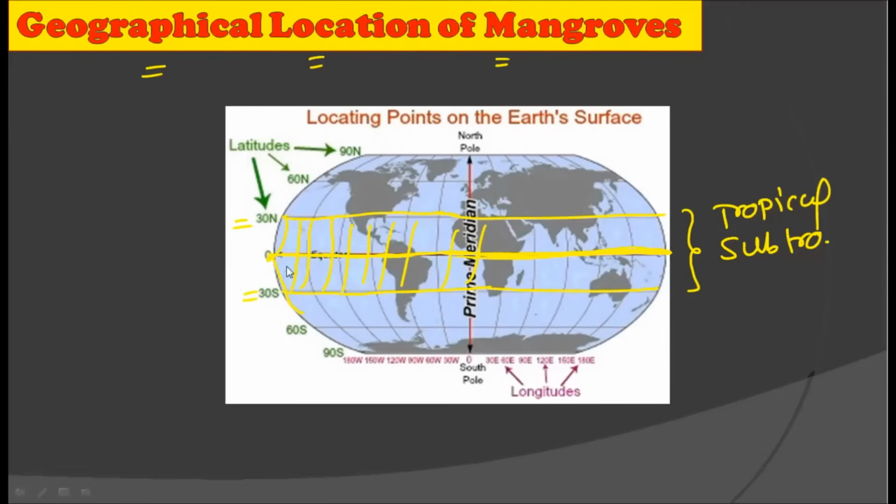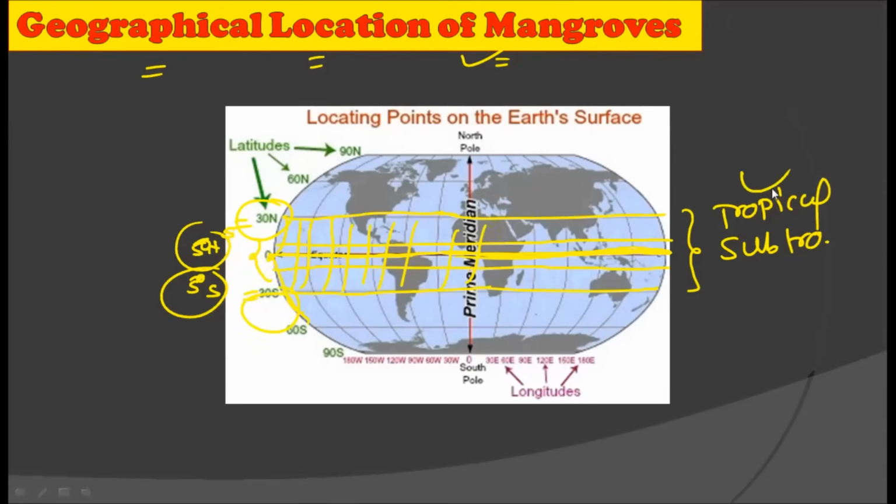But if we take further note of this, you will find the dense population of the mangroves is found between 5-degree north and 5-degree south. That is, this area has a very dense population of the mangroves, but in general they are distributed from 30-degree north to 30-degree south. That is the tropical and the subtropical area of the world.